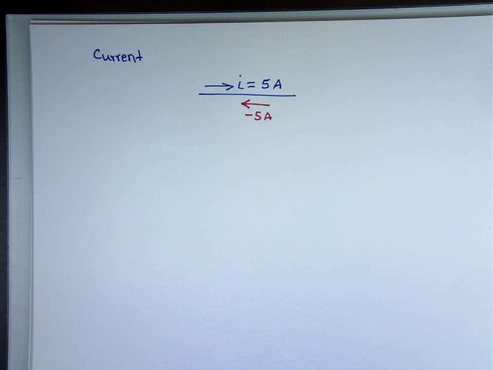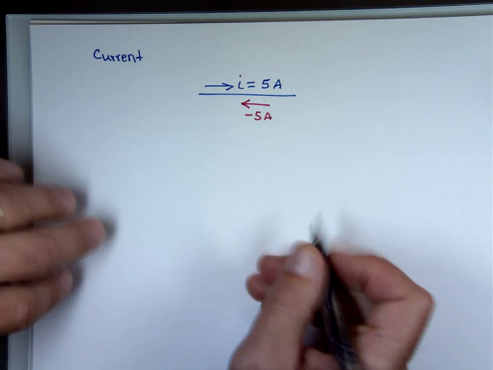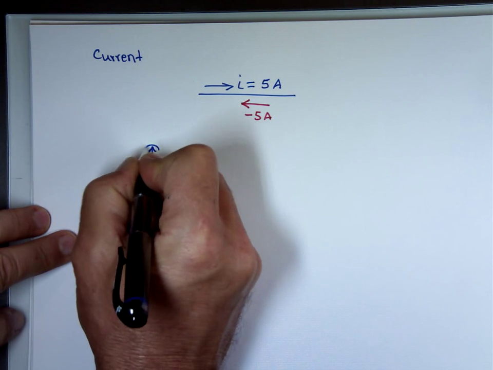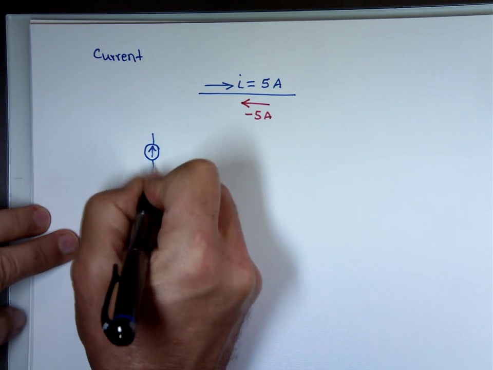So you'll see me use positive and negative current. It is nothing more than changing the direction, you know? A lot of times when we do a current source, we draw the picture for a current source. When I draw a current source, I use an arrow, of 3 amps.